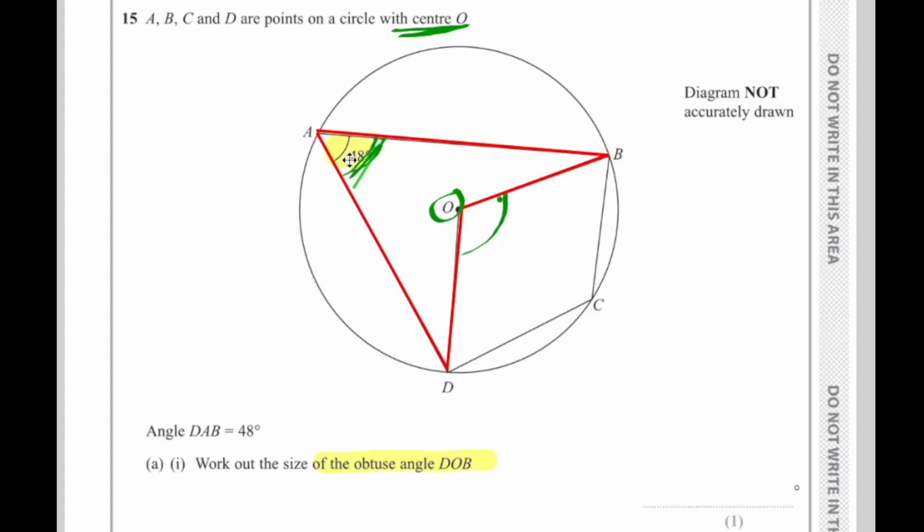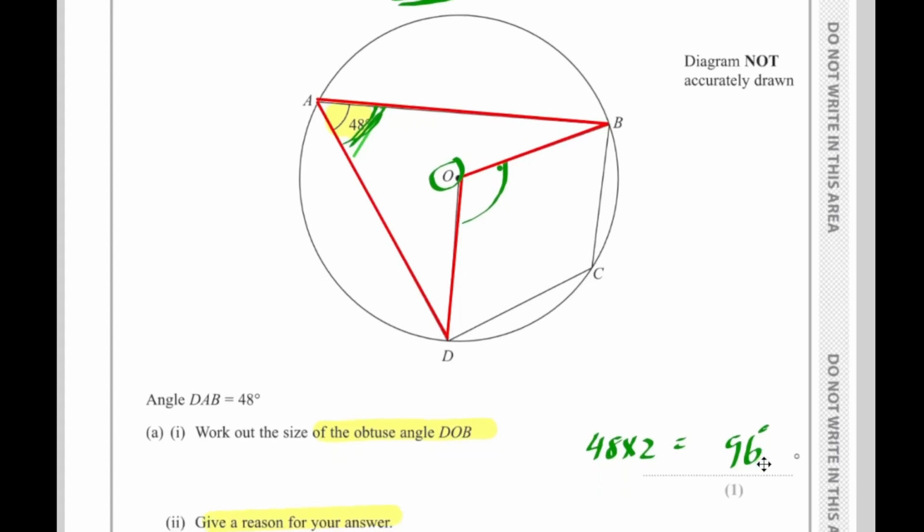Now in this case, this is 48. Therefore, DOB, which is obtuse, we call this one reflex, which is greater than 180. We call them reflex. This is obtuse. Obtuse DOB becomes 48 times 2, which becomes 96 degrees. So now you have to write the reason. What's the reason?